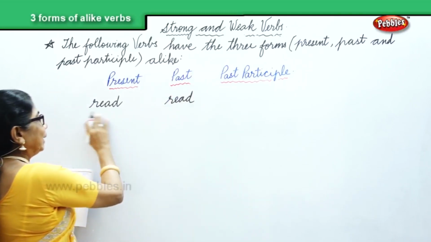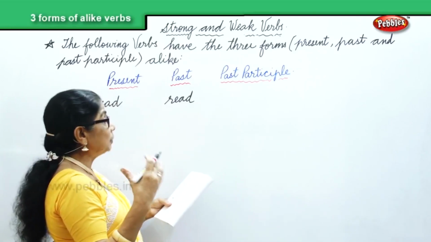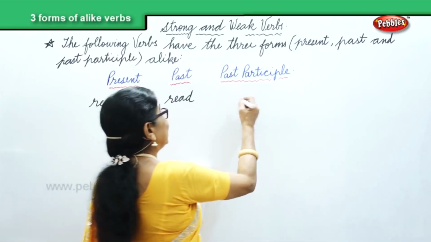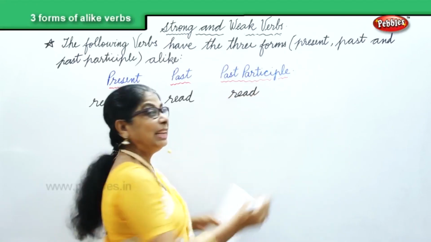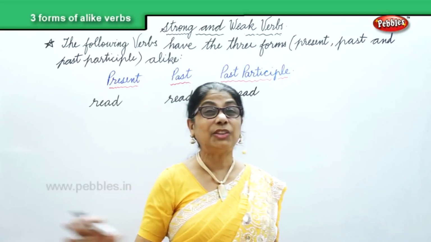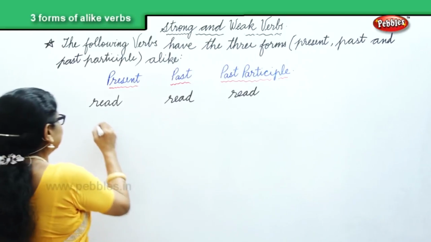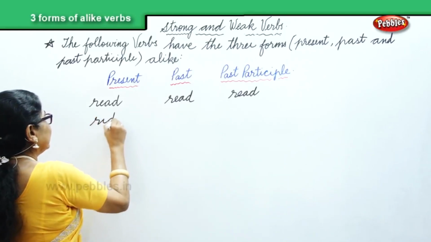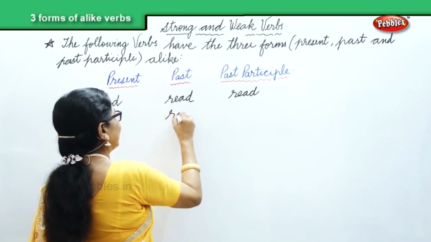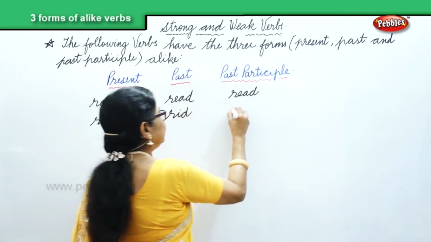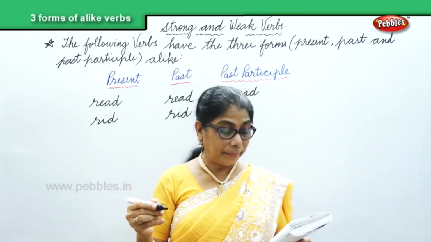Whether it is present, read, you read, the spelling is the same. Past participle, yes, I have already read. But the spelling is the same. Read, read, read, it's all the same spelling. Rid, you get rid of something. It's the past and past participle, it is rid. You get rid of someone or something.